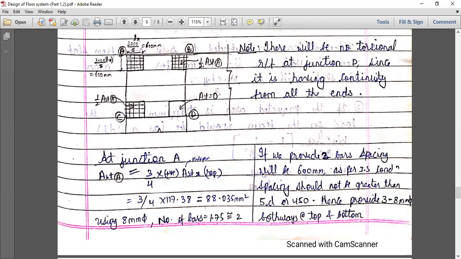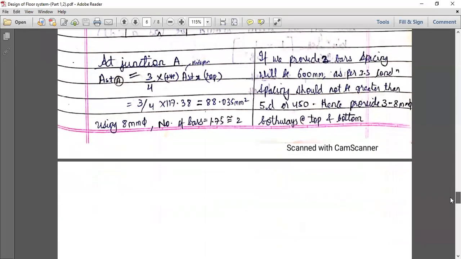So the reinforcement at junction A we got, and also the spacing and the number of bars we have calculated. Now what will be the area at junction C? At junction C it will be half of the area at A, and at junction B also it will be half of the area at A. Again this is given in the IS code.